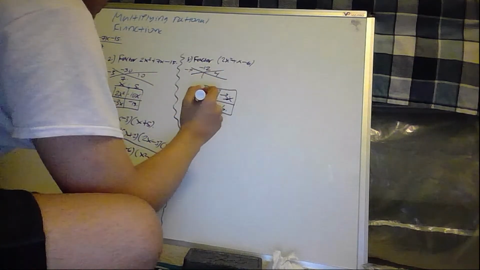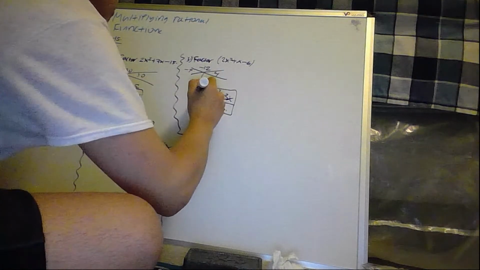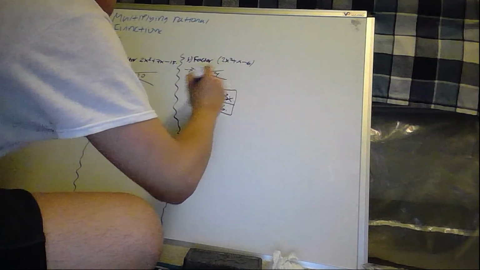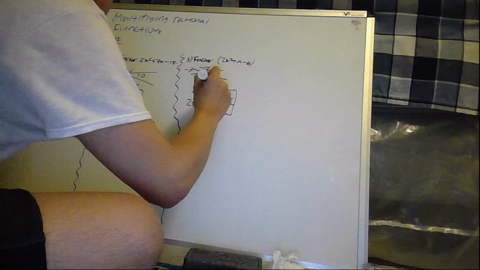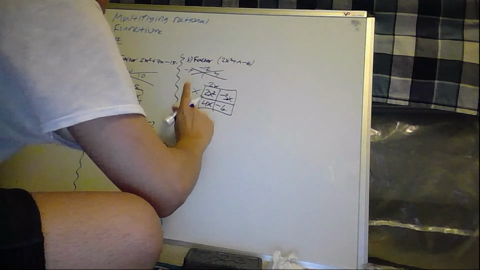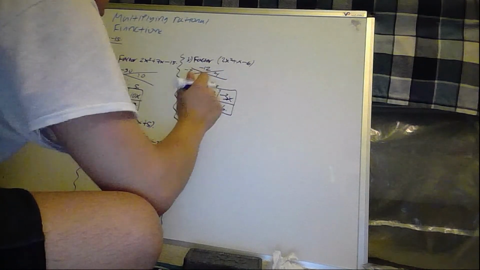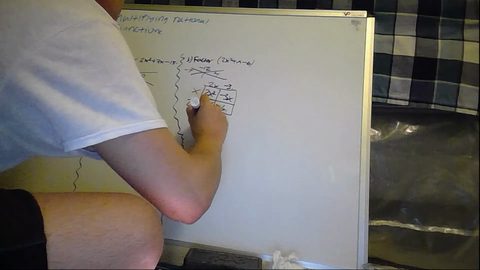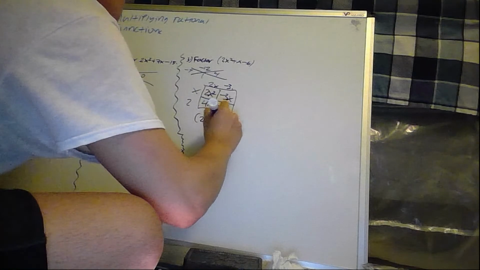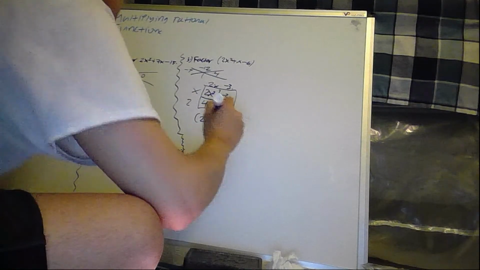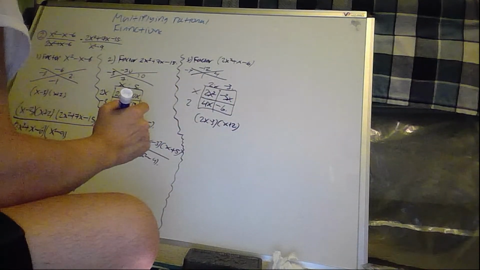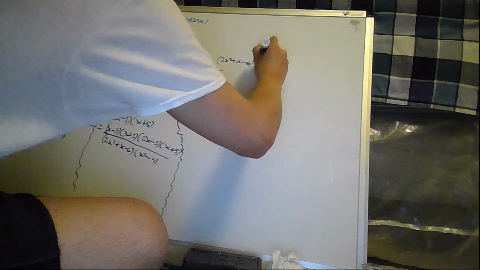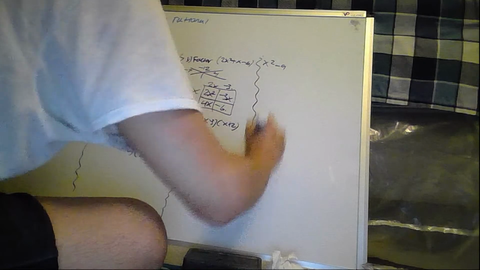So we have x, 2x, 2, and negative 3. So this would be 2x minus 3 times x plus 2. Then our x squared minus 9 is the last part.